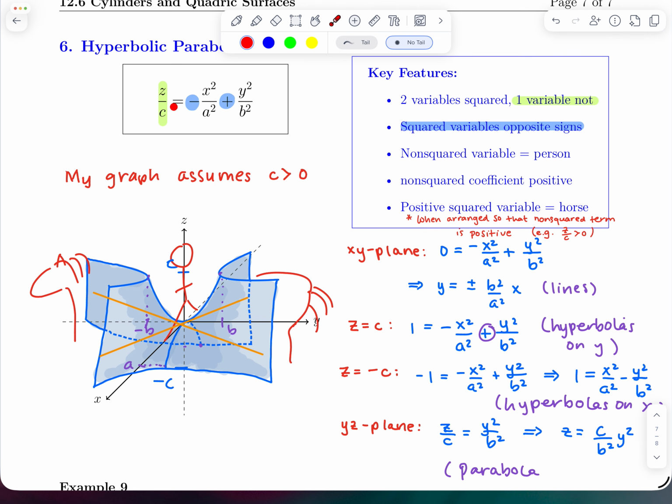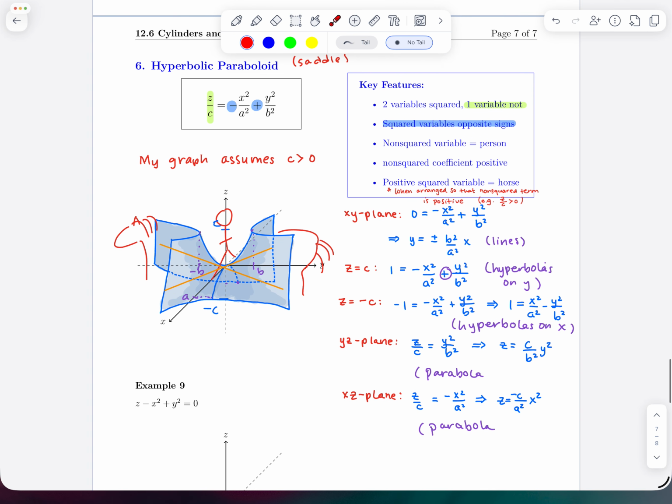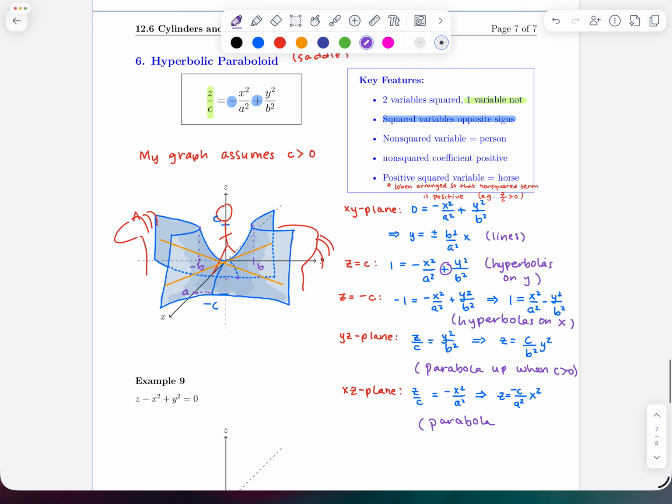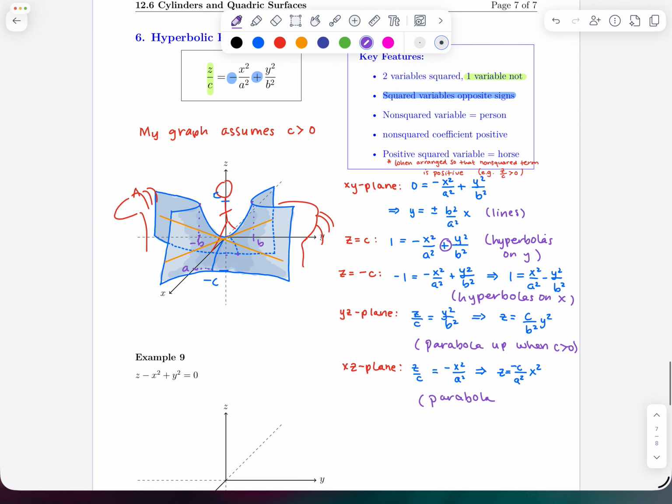So if you always assume that the coefficient associated with z is written in such a way that it will be positive, then you'll be able to say that this parabola will be up when c is greater than 0. Now it would flip and become down if c was less than 0. It just has to do with how you arrange your equation.